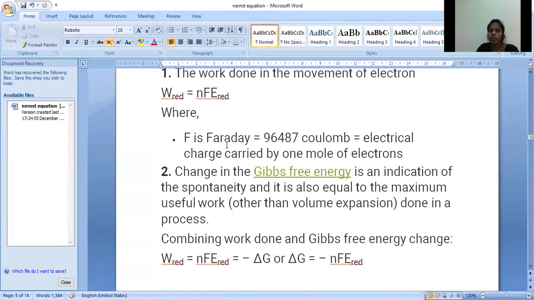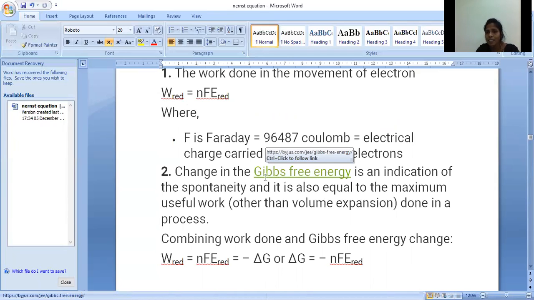So here, due to the transfer of electrons, there is a change in the Gibbs free energy. Here the change in the Gibbs free energy indicates there is a maximum of work done. But it is also an indication of spontaneity.